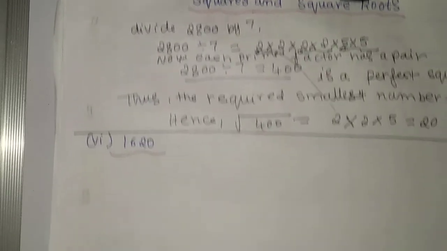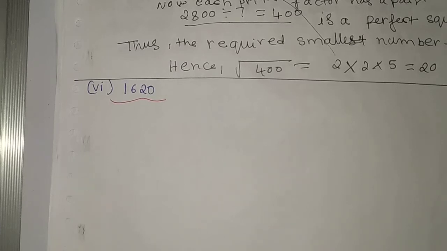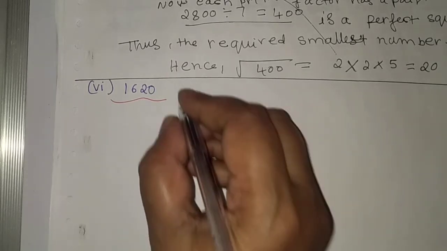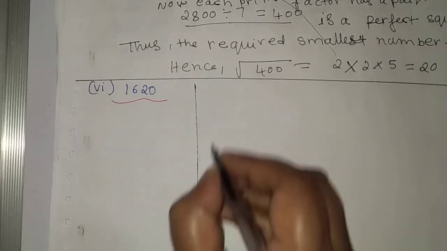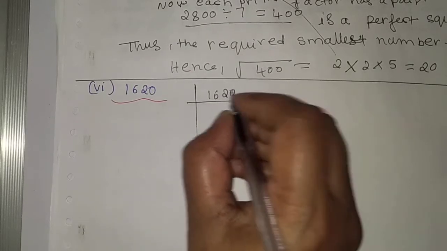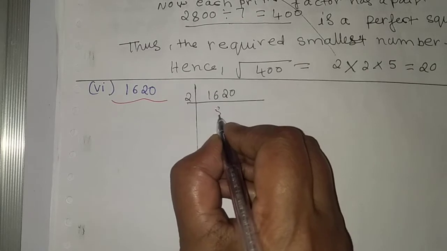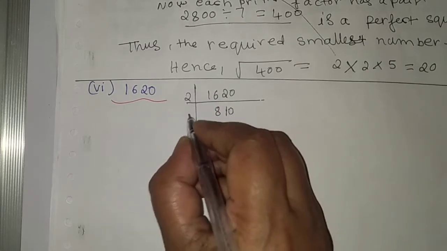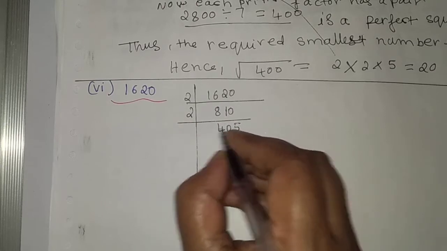So this is the solution for this one. Next problem, we move on to the last problem in the sixth problem, that is 6120. Here we just first factorize this. So 1620 will be 2s are, then I'll make it fast, 810, then factorize this to 405.